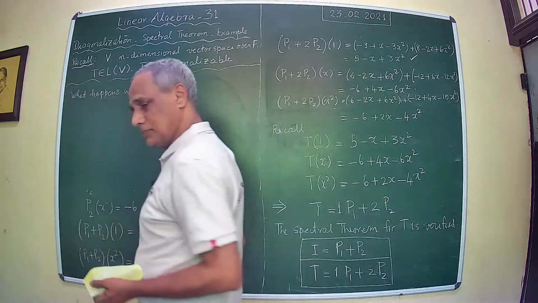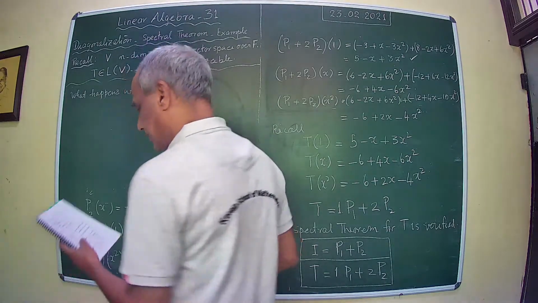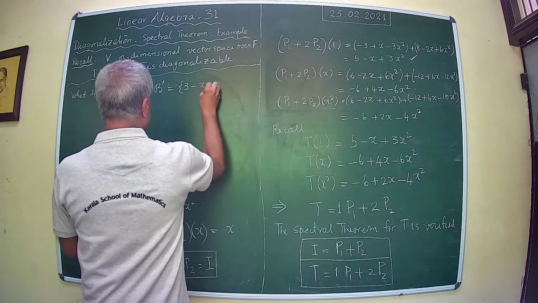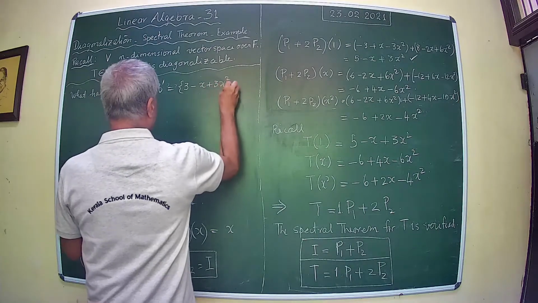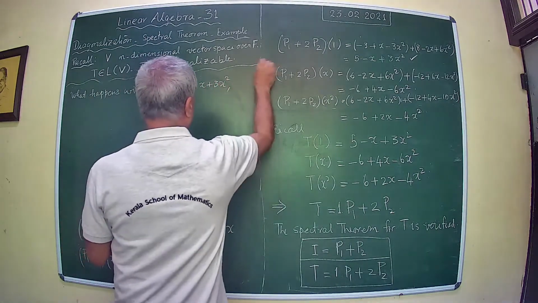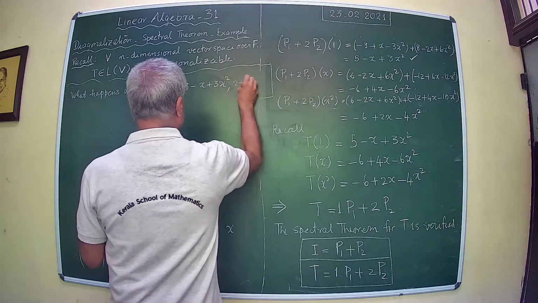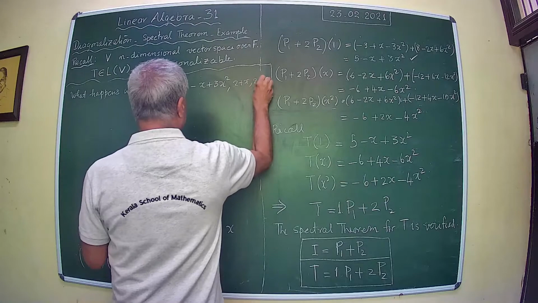What is the basis that we have chosen? 3 minus x plus 3x squared, 2 plus x, 2 plus x squared.